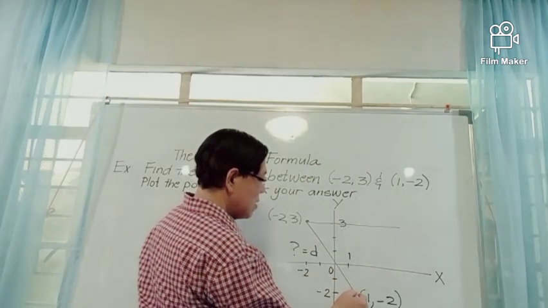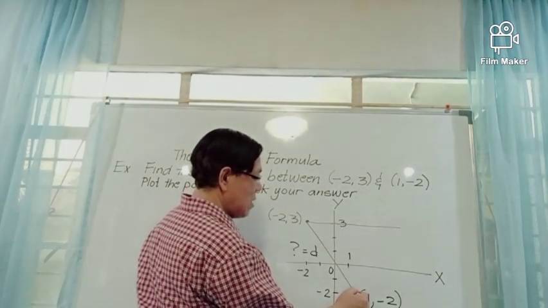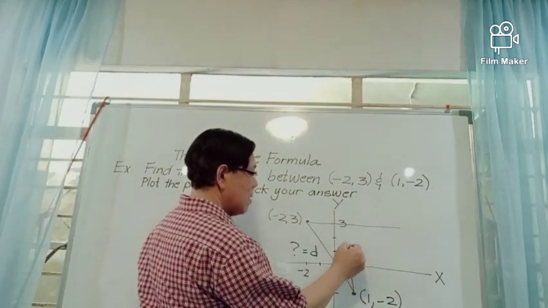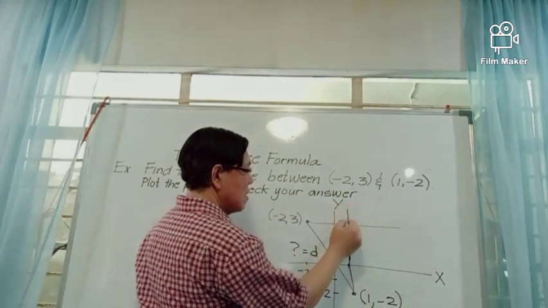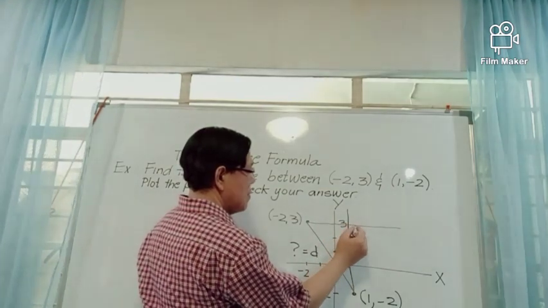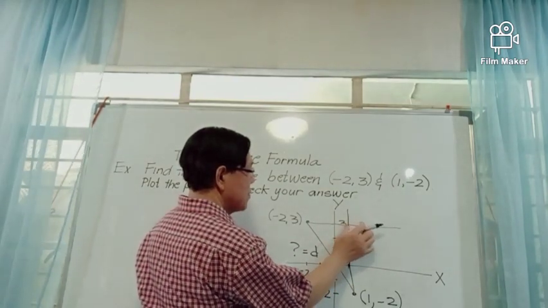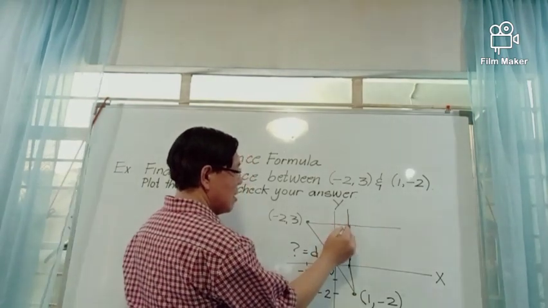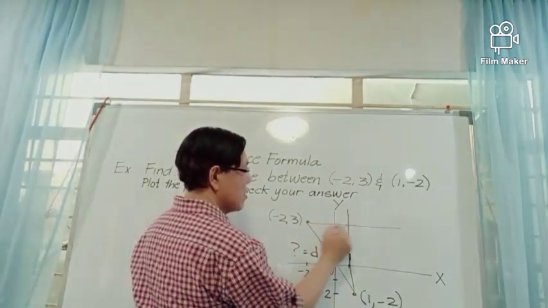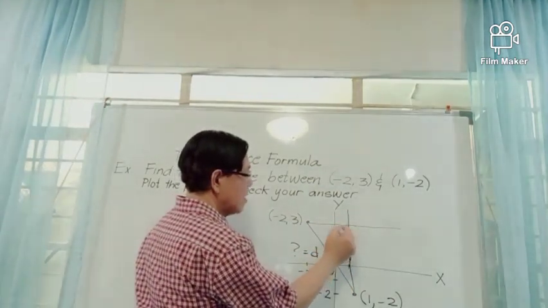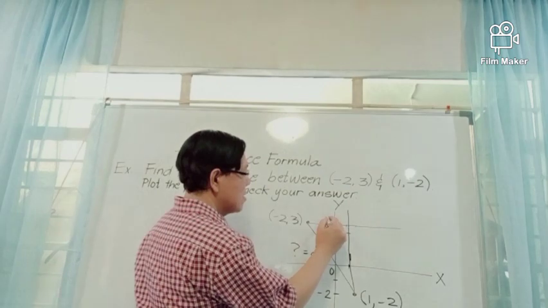And we draw this vertical line passing through this point, parallel with the y-axis and perpendicular to this line. So at the point of intersection of this horizontal line and this vertical line is a right angle. This point is 3.